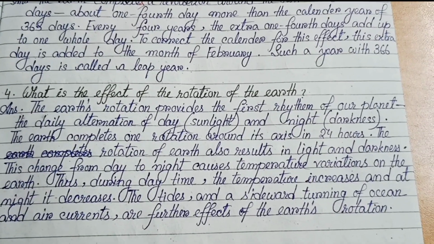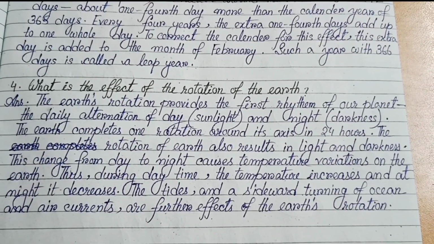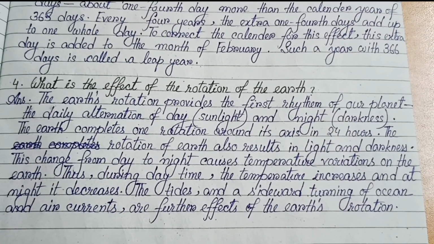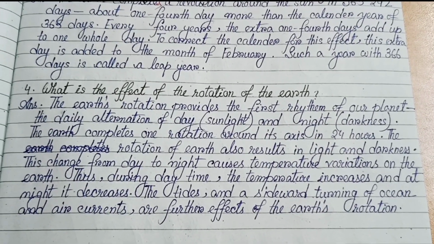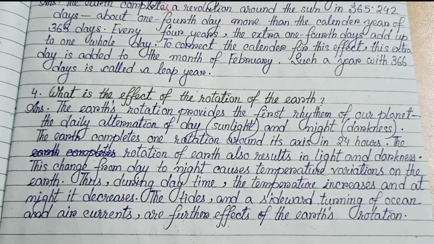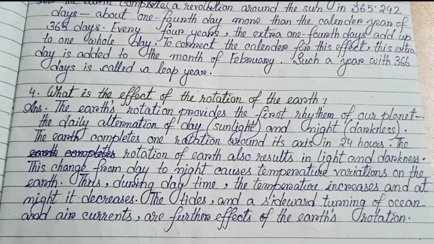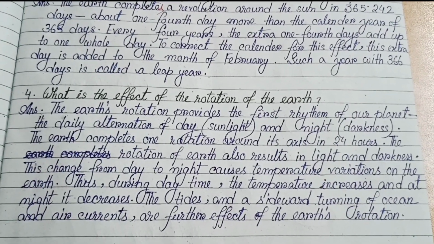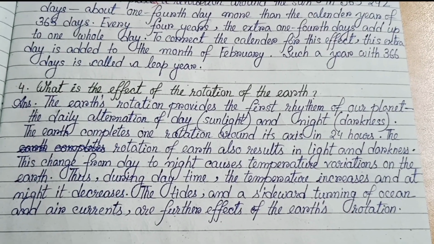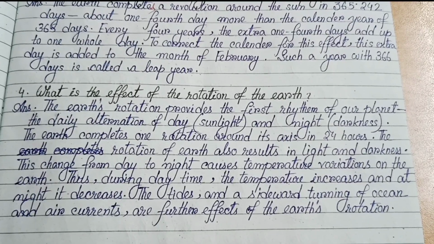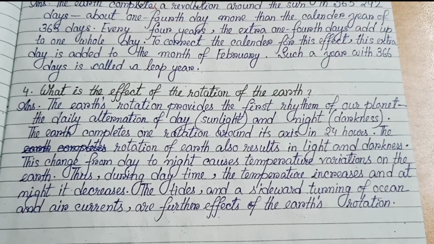What is the effect of the rotation of the earth? The earth's rotation provides the first rhythm of our planet, the daily alternation of day, that means sunlight, and night, that means darkness. The earth completes one rotation around its axis in 24 hours. The rotation of earth also results in light and darkness.